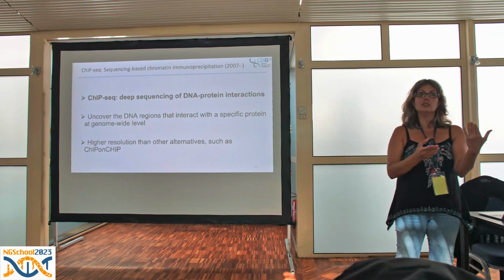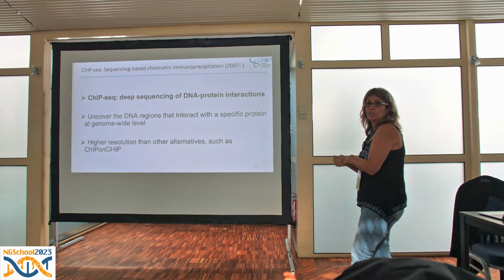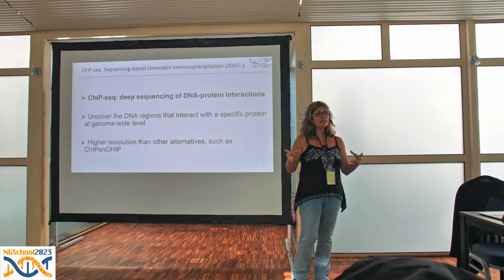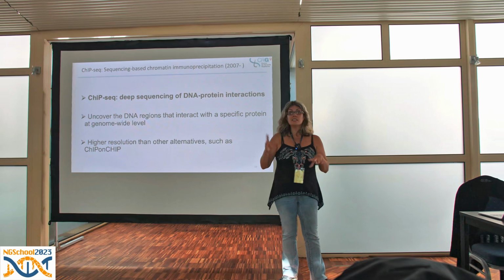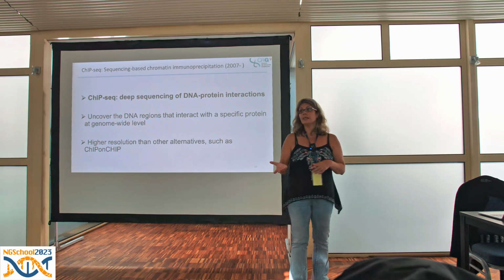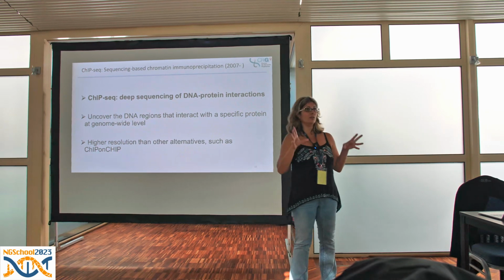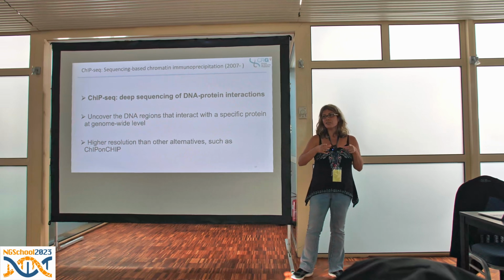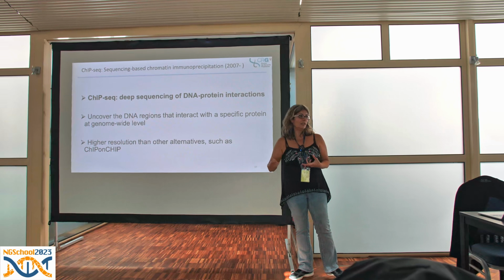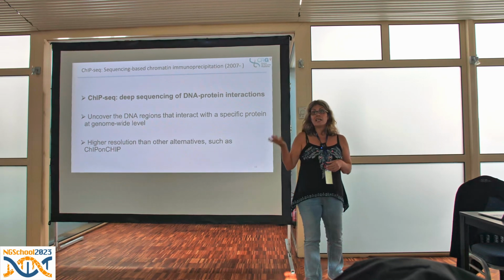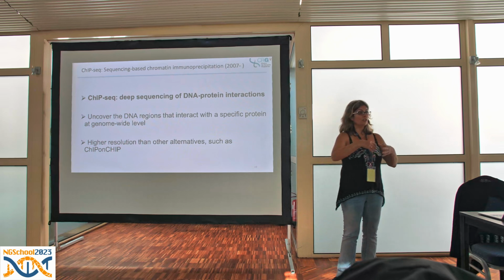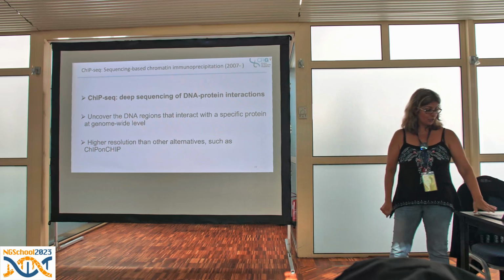Also, some years ago, people developed ChIP-on-chip technologies. The idea is the same, to understand where my protein of interest is binding at the genome level. But instead of doing it by sequencing, they used to do it by array, microarray. You may not have seen that, you are very young in general, but people used to use these hybridization arrays to check for the binding of their proteins, as they did with RNA. Also, microarrays of RNA were very common to check for the expression of genes.